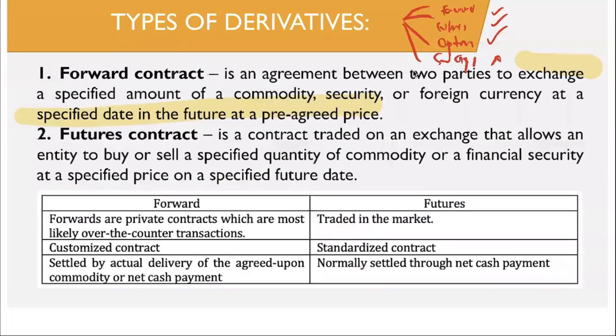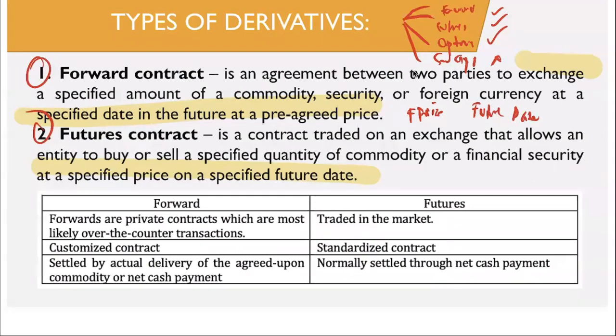It's a contract traded on an exchange that allows an entity to buy or sell a specified quantity of a commodity or a financial security at a specified price on a specified future date. So they are both the same. You will exchange at a particular date at a particular price. They are the same in definition.